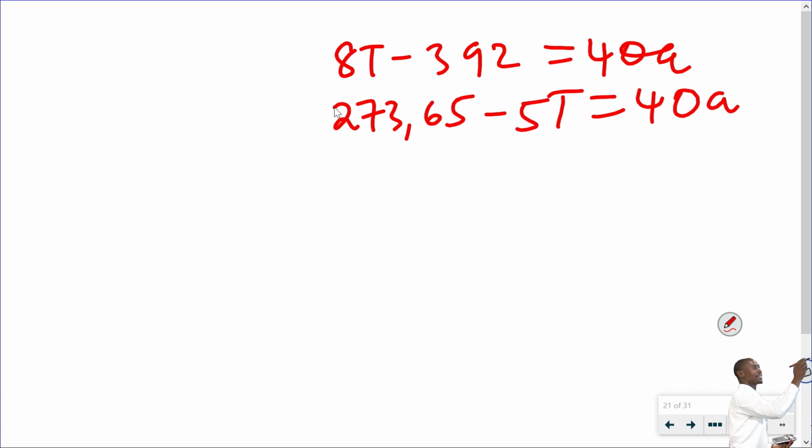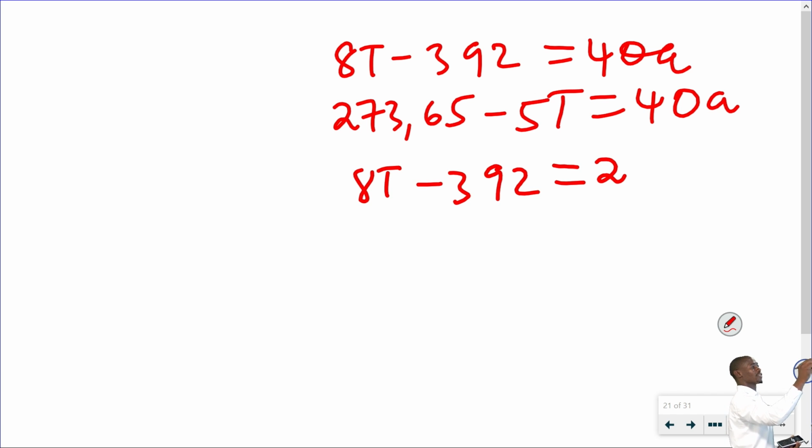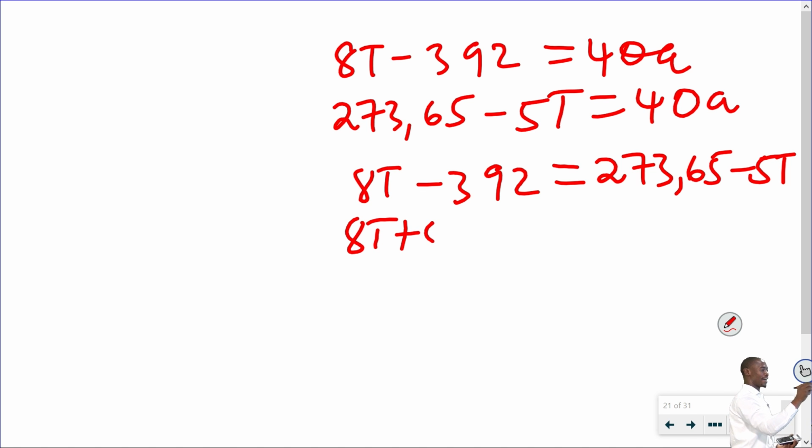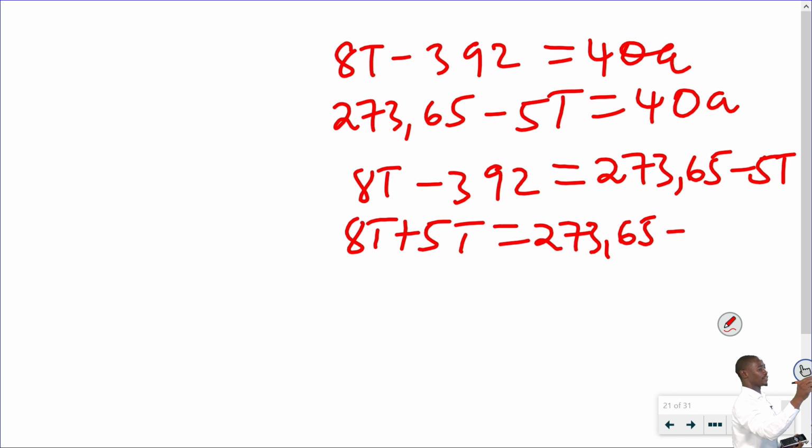So I can equate the two, right? So it's 8t minus 392 equals to 273.65 minus 5t. Then solve for t: it should be 8t plus 5t equals to 273.65 plus 392.